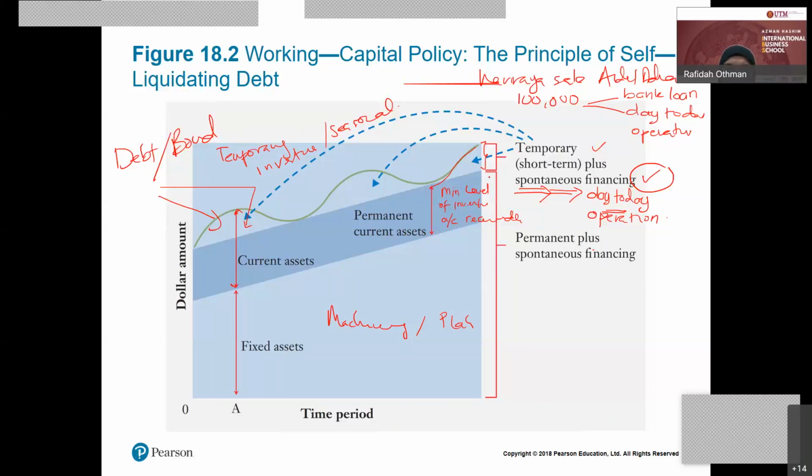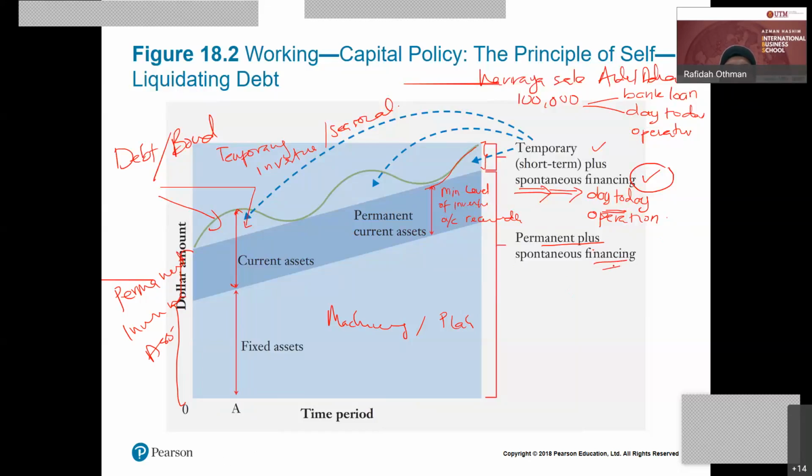So when we are talking about fixed asset and permanent current asset, where we call this component as permanent investment in asset, we can finance it with permanent financing plus spontaneous financing.